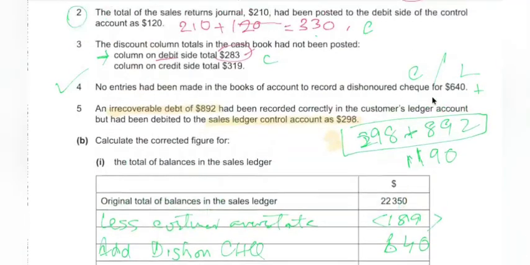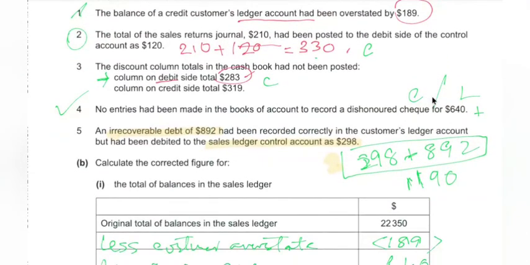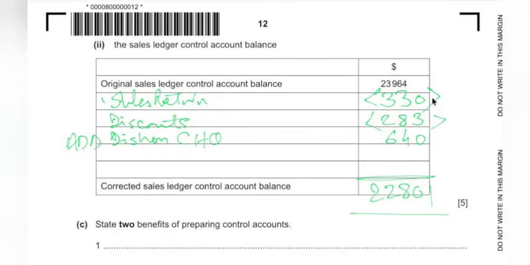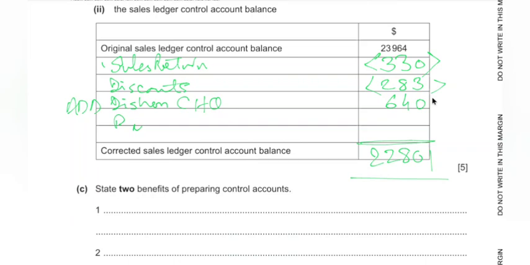And lastly was the value for the bad debts, where I explained that 298 plus 892 gives us a total value of 1190, and this 1190 will be deducted because this is the value for bad debts which should have been recorded. So value for bad debts, and this bad debts value is 1190. Again, this is being less. So now let's just quickly work this out.